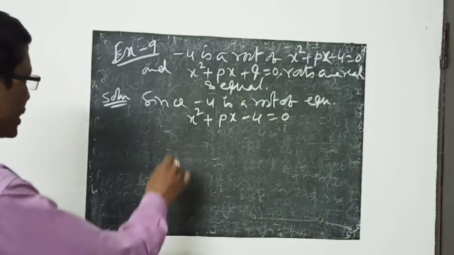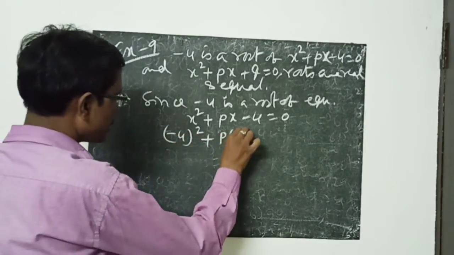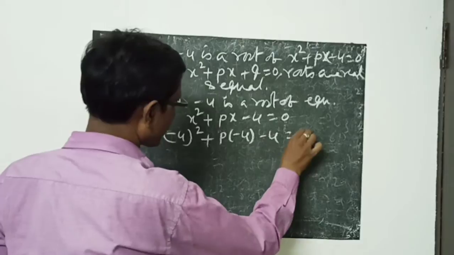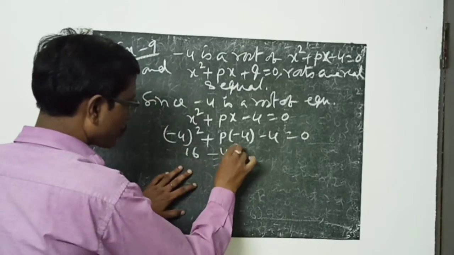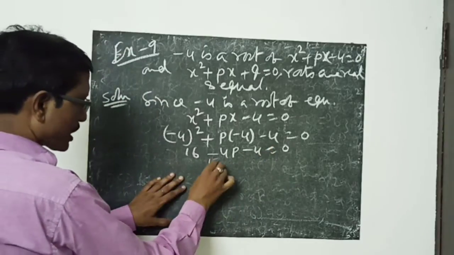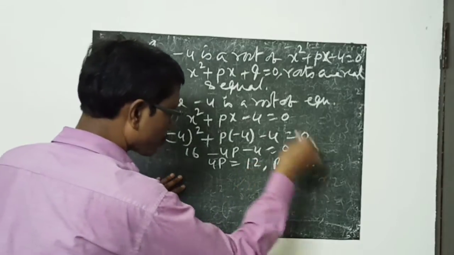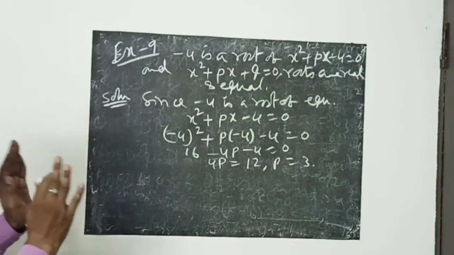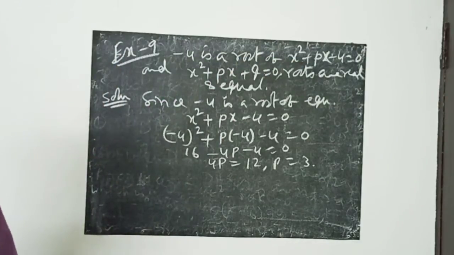So what will it be? Minus 4 square plus p into minus 4 equal to 0. Ultimately 16 minus 4p minus 4 equal to 0, or 12 minus 4p equal to 0. Taking that to the other side, 4p equal to 12, or p equal to 3. So from the first equation you got the value of p, that is 3.